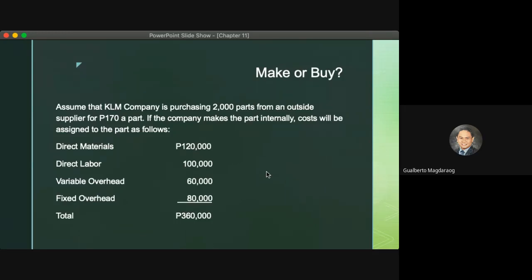Okay, ba't nagkaganon, sir? Ba't pag mas mababa dun yung unit, mas mabuti pang bilhin sa labas, mahal gawin. Pagka naman nag-beyond doon, mas murang gawin. Okay, parang baliktad sa isip mo. Pero actually, it's not. Kasi, when we produce a product, there is a fixed cost on it.